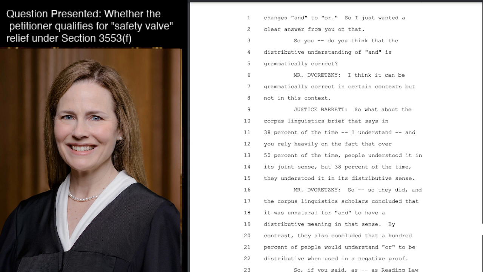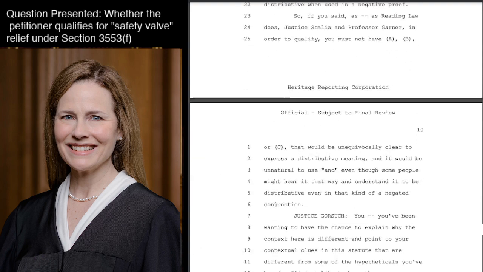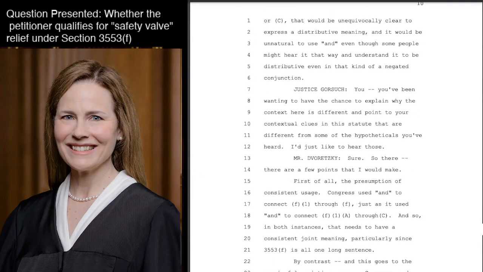By contrast, they also concluded that 100% of people would understand "or" to be distributive when used in a negative proof. So if you said, as Reading Law does, Justice Scalia and Professor Garner, in order to qualify, you must not have A, B, or C, that would be unequivocally clear to express a distributive meaning. And it would be unnatural to use "and," even though some people might hear it that way and understand it to be distributive, even in that kind of a negated conjunction.